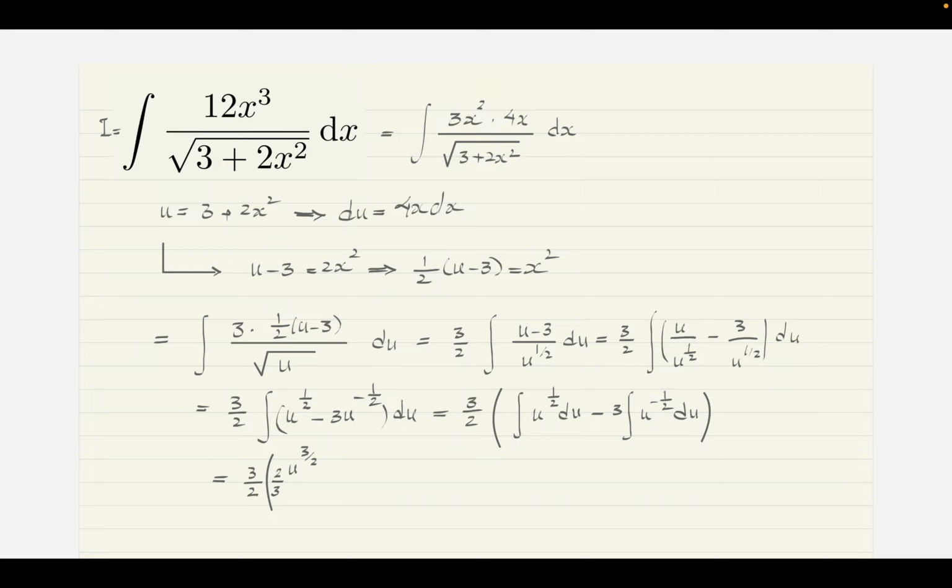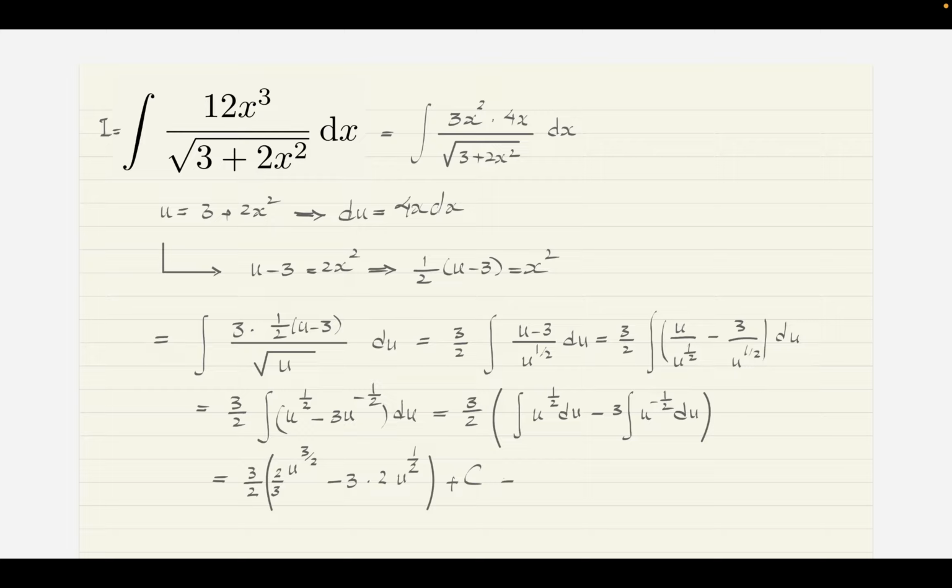So what I am doing here, this 3/2 is this 3/2, and the answer to this is 2/3 of u to power 3/2. Then I will have a minus 3 here, and then u to power 1 unit more divided by 1 unit more. So it becomes 1/2, so it becomes 2u to power 1/2. And then finally I close it, and then plus c.